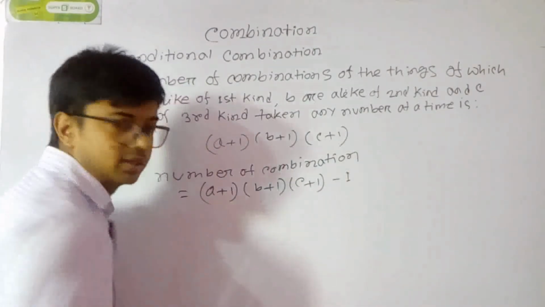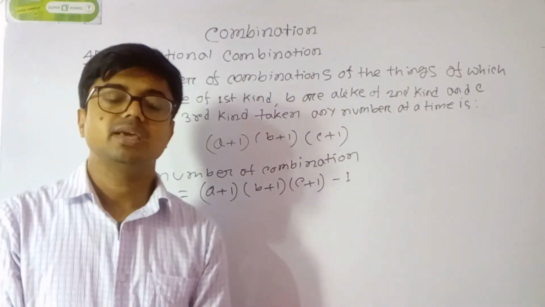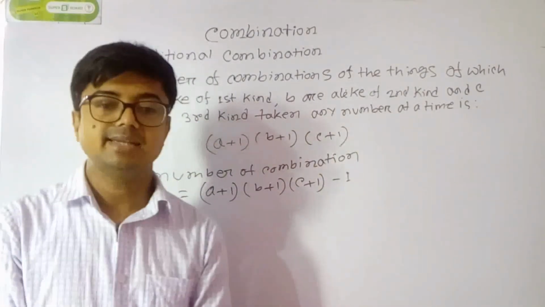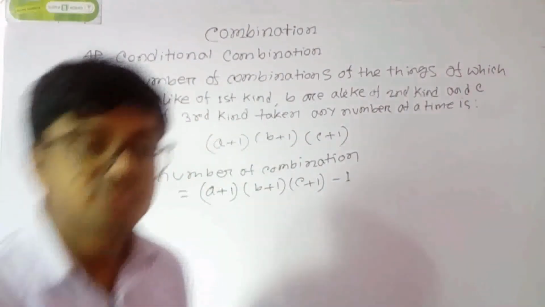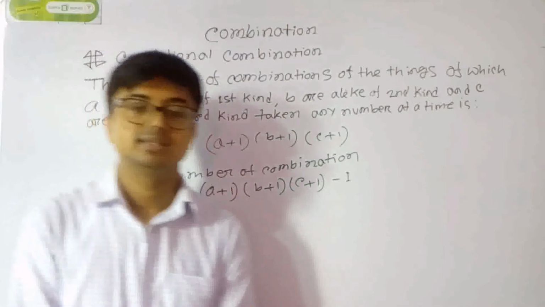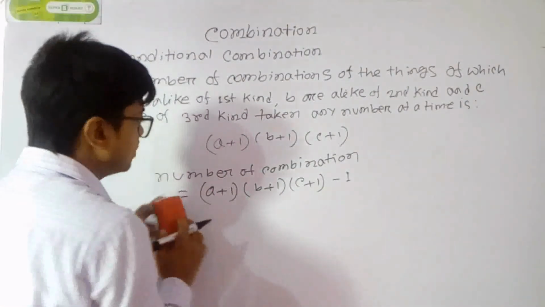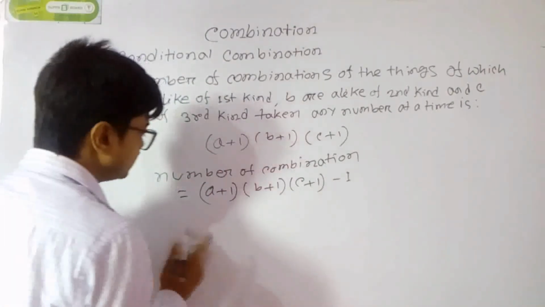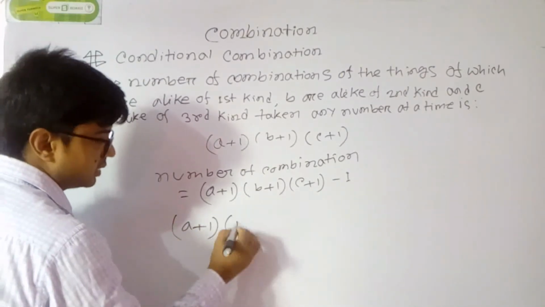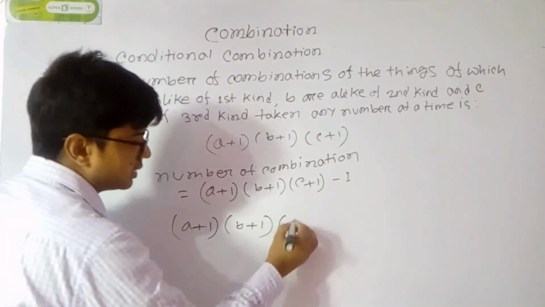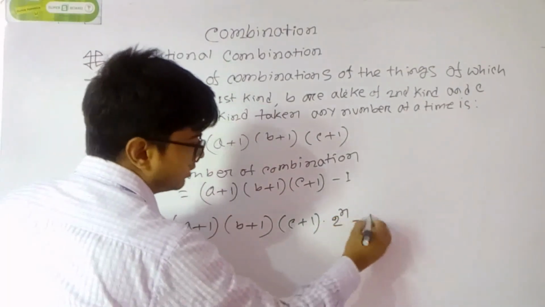Again, if n different things are added here, then the number of combinations will be (a plus 1)(b plus 1)(c plus 1) into 2 to the power n minus 1.